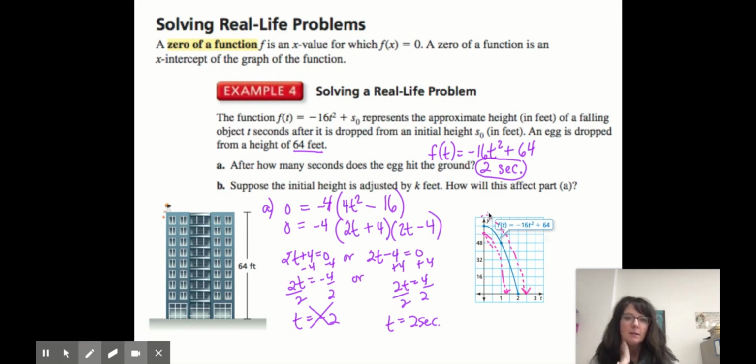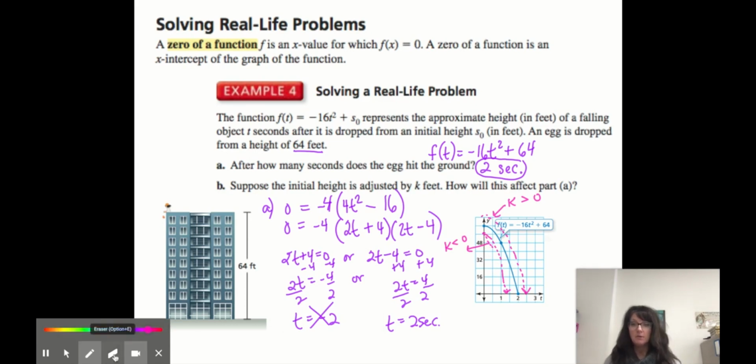Basically, this one represents k being greater than 0. If it's a positive number, we're going to add to the 64, and then it'll take longer than 2 seconds. And here, this is what happens if k is less than 0 and we subtract from 64. Okay, and it's going to change the projectile of the object and the amount of time it takes for it to hit the ground.